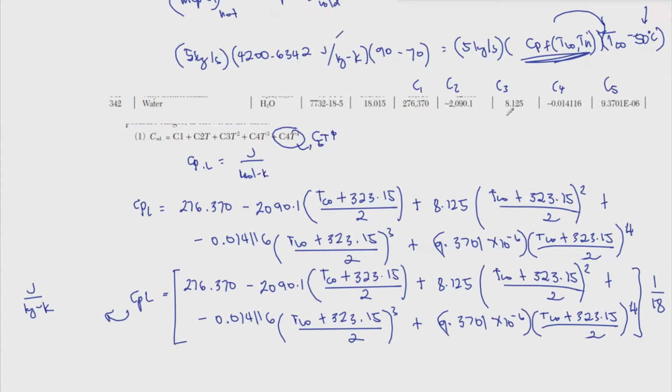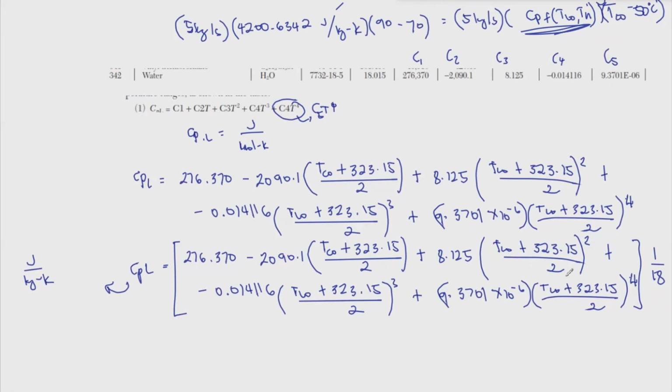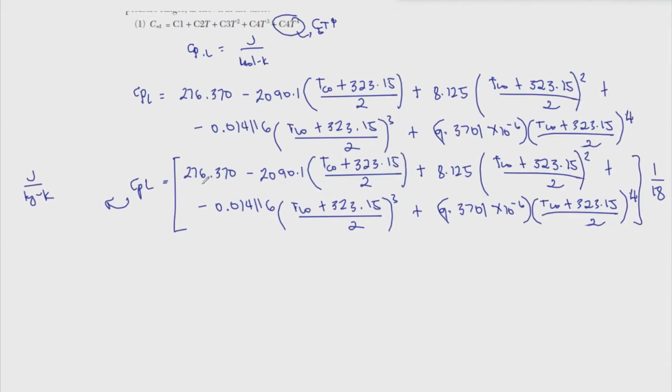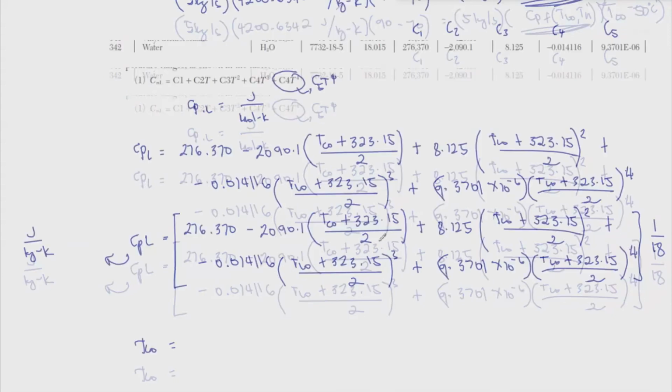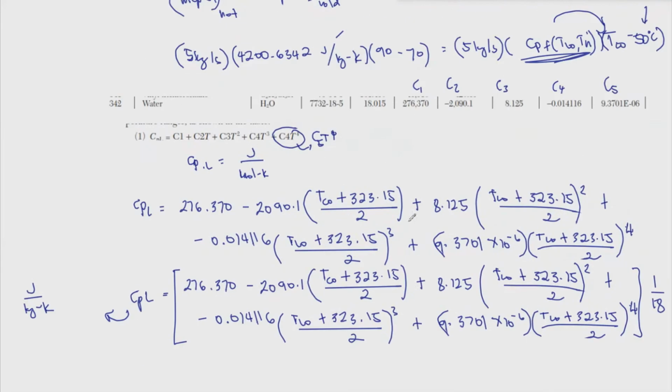Okay, so now we can plug in this expression, the CPL, in this portion, and then TCO, just let this as X corresponding to this TCO as well. So in that way, we can solve for TCO. You can just do that on your calculator, and I'll be doing that on mine.